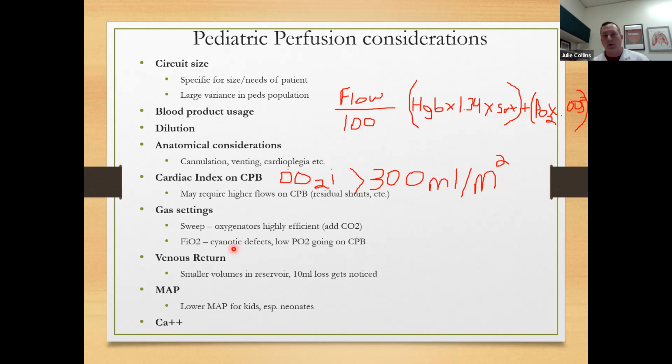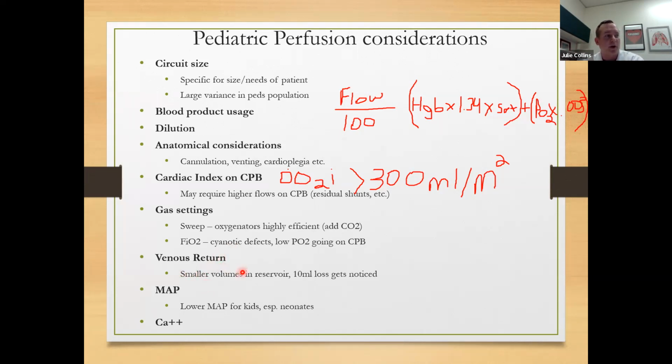We often don't turn on our sweeps right away on an eCPR on a kid for maybe about a minute. And when we do turn on our sweeps, we keep our FiO2s at 21%, because we're really trying to avoid the oxygen free radical generation and the reperfusion injury that's going to happen.